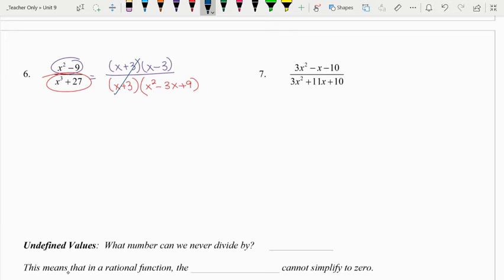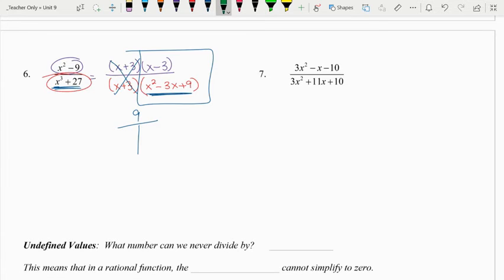So at this point, you notice x plus 3 goes away, and we're left with just this. Now you might be thinking, wait a minute, shouldn't I try to factor this? Hopefully you remember anytime that you do a difference or sum of cubes, this trinomial is actually prime. So if you were to try and factor it, you would say what multiplies to 9 adds to negative 3, and you would get nowhere.